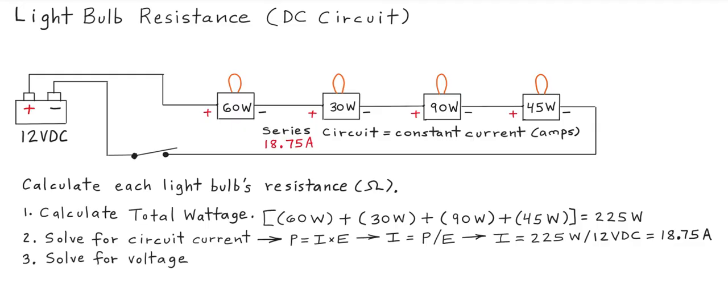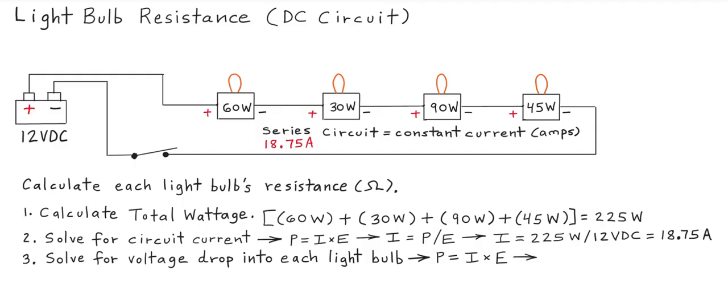The next step is to solve for the voltage drop into each light bulb. So the voltage will not remain constant, only the current will remain constant in a series circuit. So each light bulb will have a different voltage. So we can again use the DC electrical power formula measured in watts for DC circuits, which is just simply the current times the voltage.